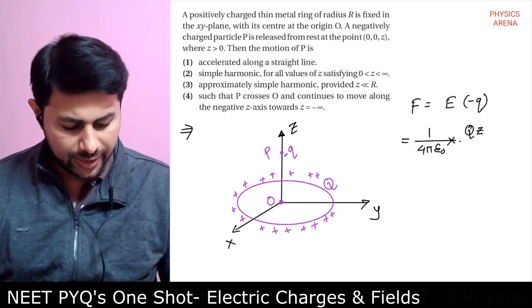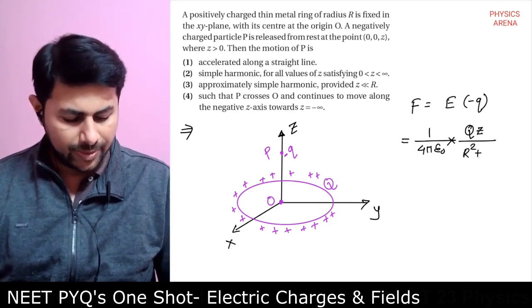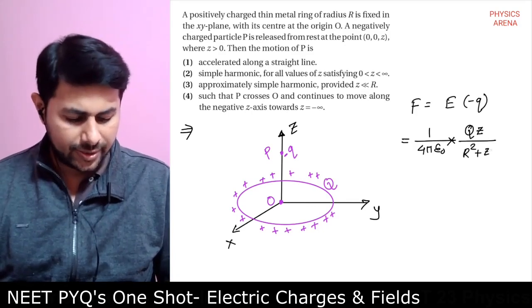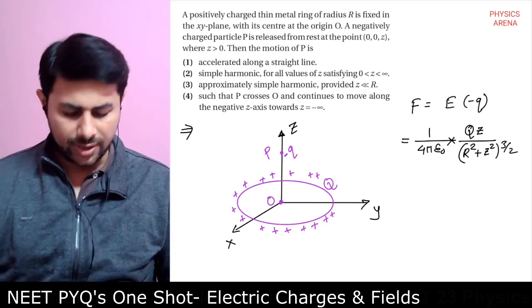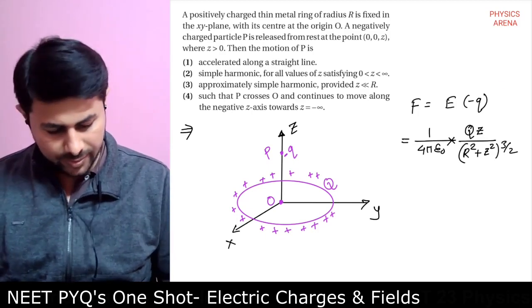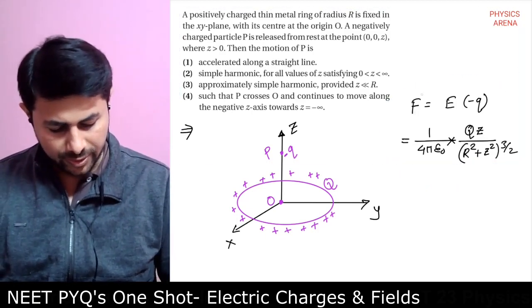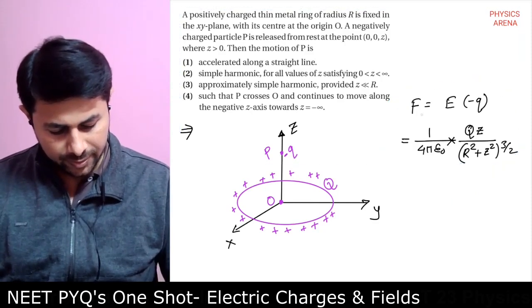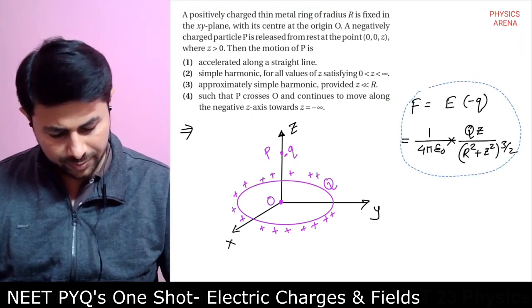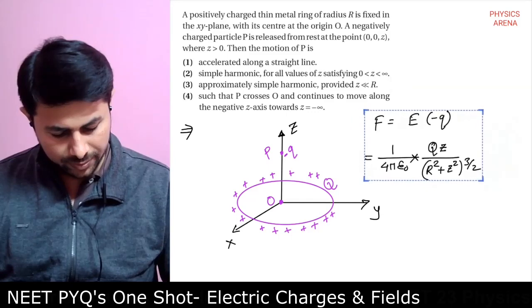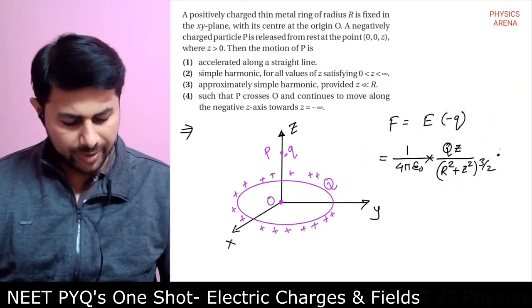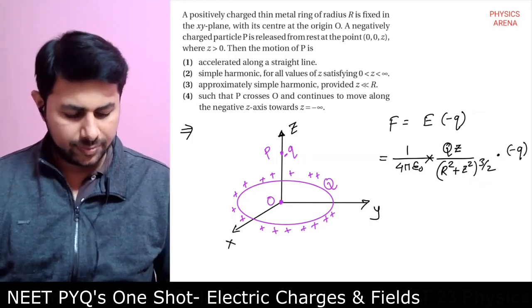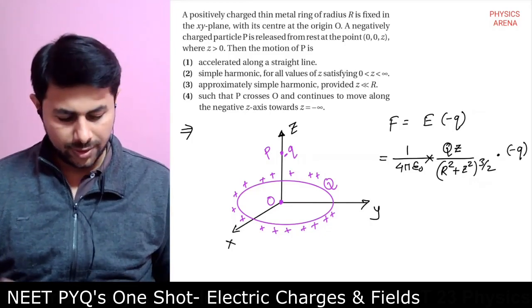So Qz divided by (r squared plus z squared) raised to 3 by 2. This is our formula of the electric field, multiplied by the charge minus q.